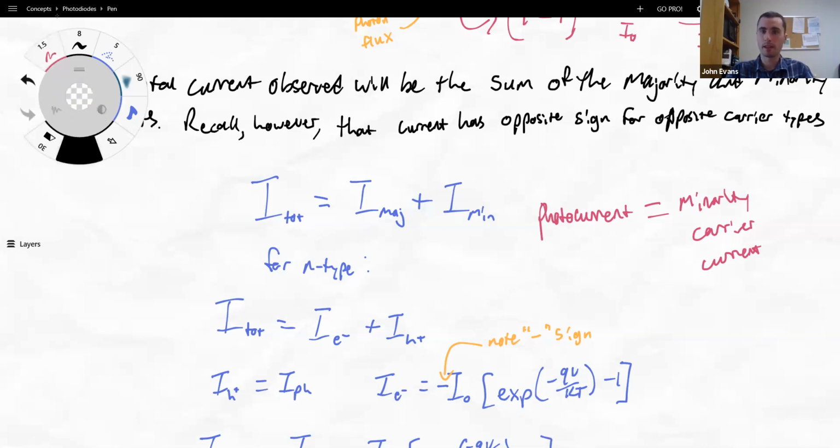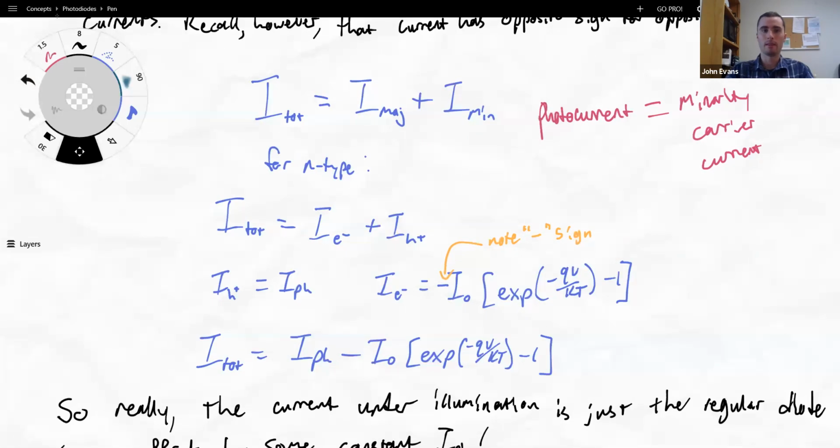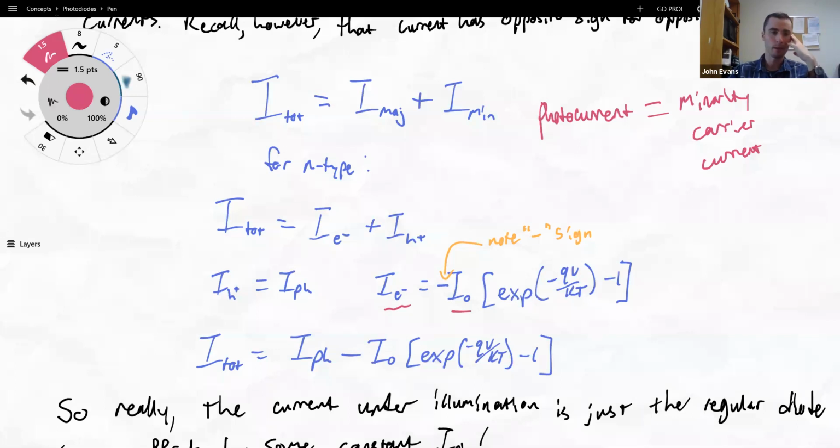We also know from the ideal diode equation that the majority carrier current, the electron current, is going to be equal to I naught multiplied by the exponential of QV over KT, minus 1. That's the pretty standard equation that we learned about. Now we're going to put them together.